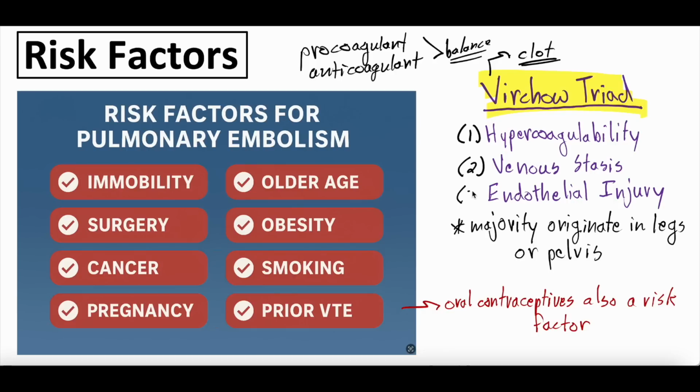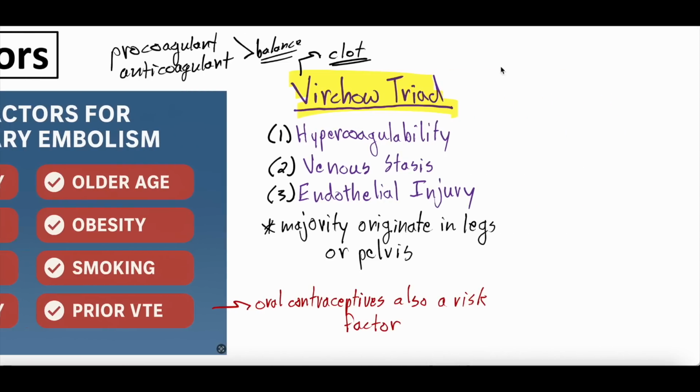And then endothelial injury. This is injury to the blood vessel wall. Blood vessels are lined by endothelial cells. These are the cells that line all the blood vessels, and they're cells just like any other cells. They've got nuclei.